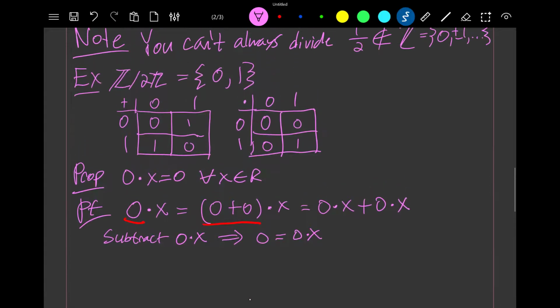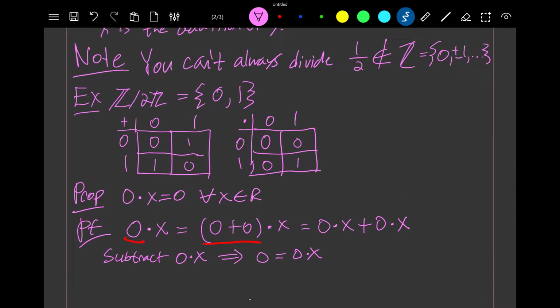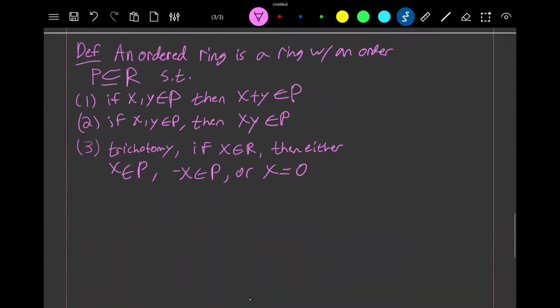If we go back to this example, we can say Z mod 2Z has no order. Can we show this right now? Yes.